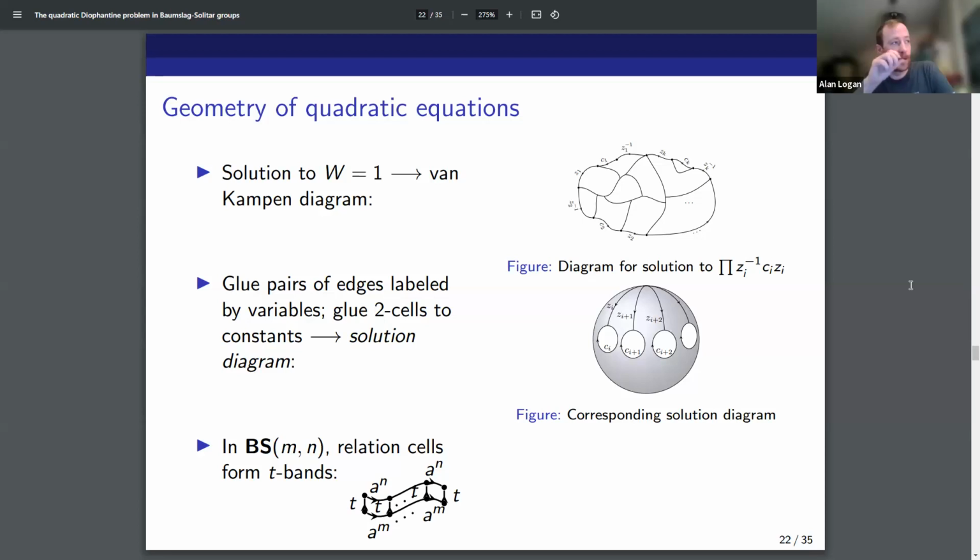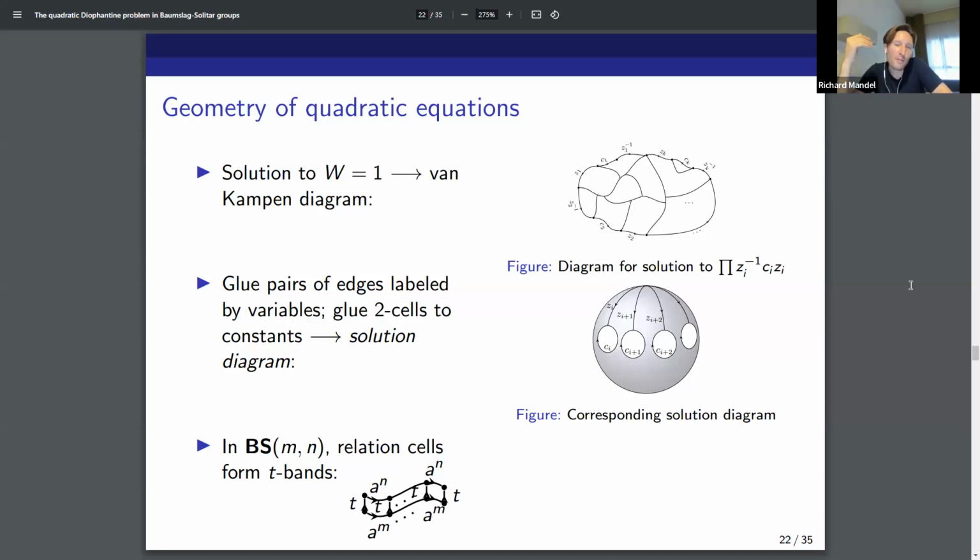The dark gray is the group relators, and the light gray is the equation. Well, everything that's gray is relations, and the white circles are the constants. Okay, that makes sense.